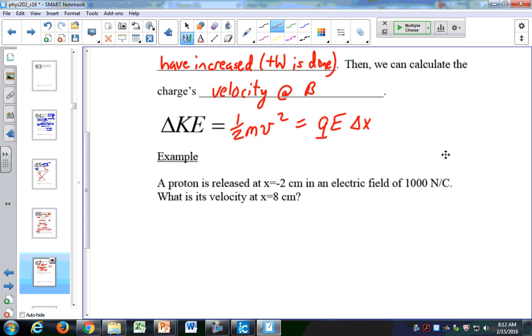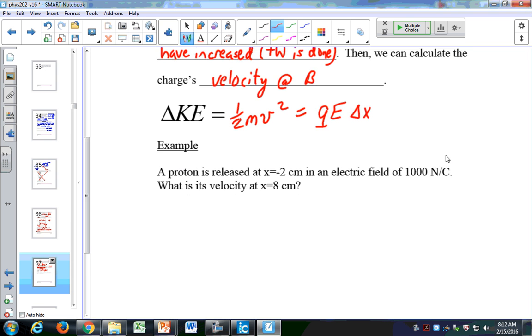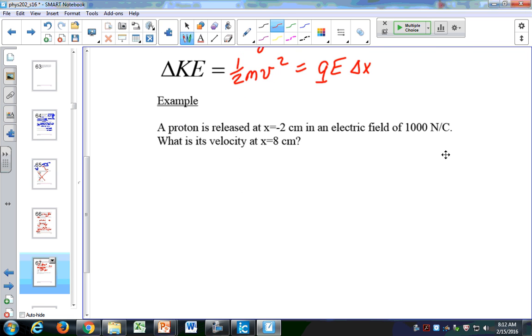We sort of saw this also with one of the questions on the test. It was in the homework as well, but we're going to see it again here. Let's say that I have a proton. It's released at x equal -2 centimeters in an electric field of 1,000 newtons per coulomb. What is its velocity at x equals 8 centimeters?